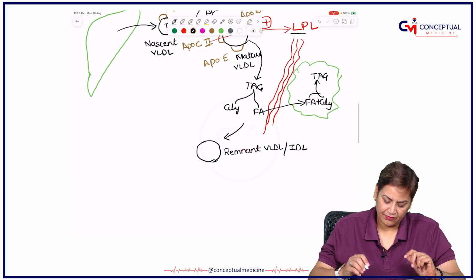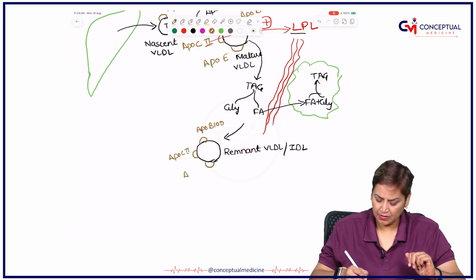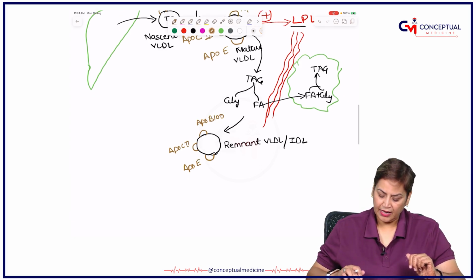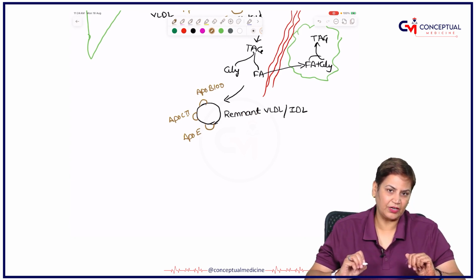Now see, if we talk about the apoproteins here, Apo B-100 will always cling to it. Apo C is there, Apo E is there. Apo E. Okay, now the question is, this Apo E will come into function.